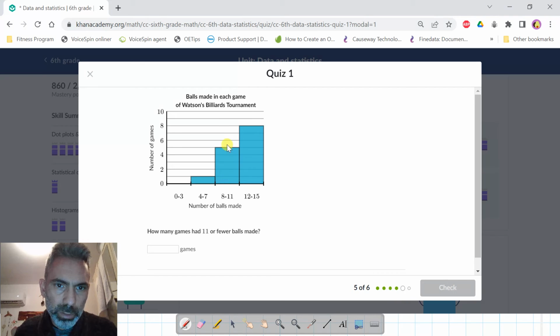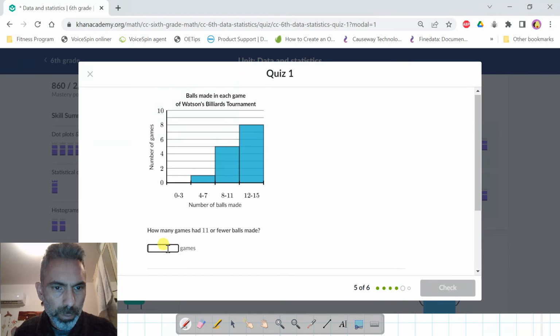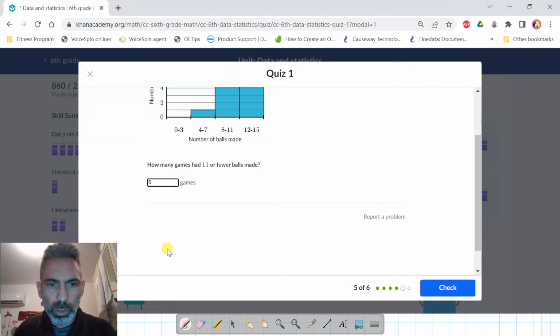So this bar represents between 8 and 11, and all the games below. So this bar and this bar. This bar represents 5 games, and this small bar represents 1 game. So 5 plus 1 is 6 in total.